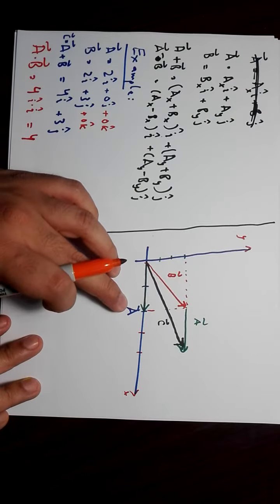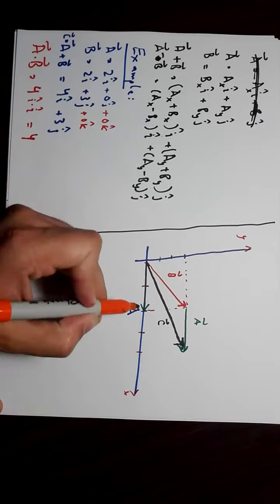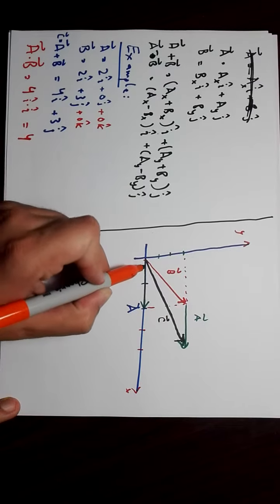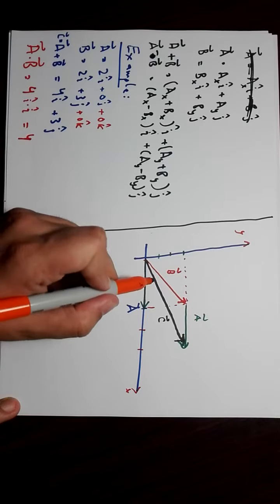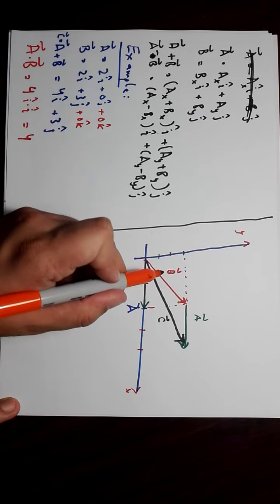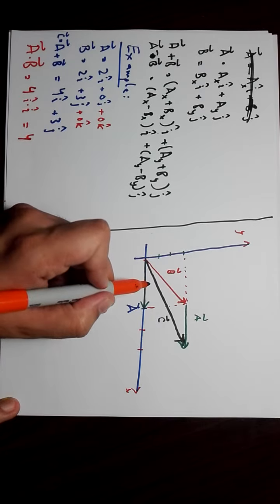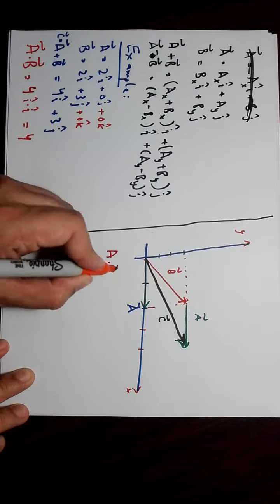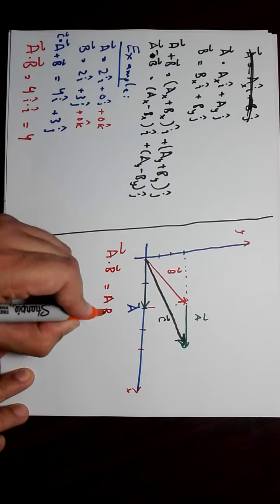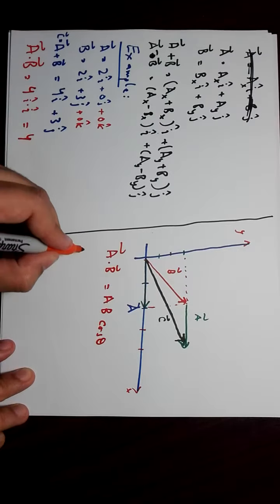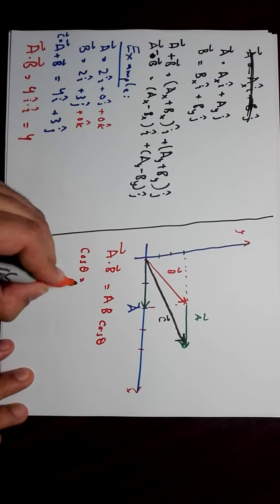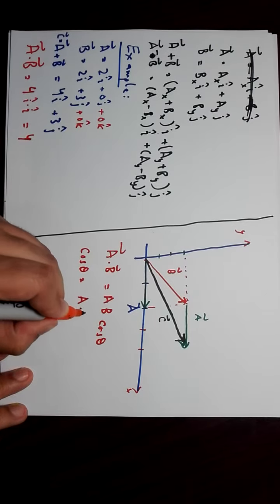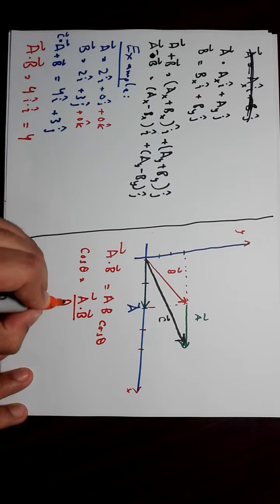But let's say A is not along the x-axis, but along some other direction. Then it's going to be tricky to find the angle between A and B. So the dot product is really useful, because A dot B equals AB cosine theta. So cosine theta is equal to A dot B divided by AB.